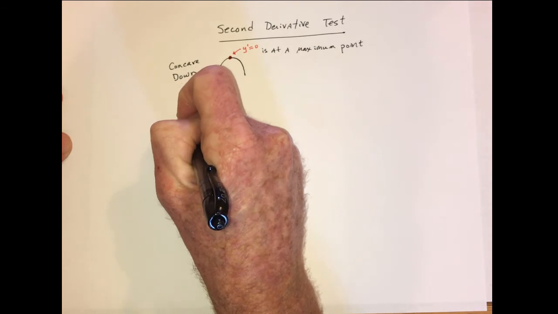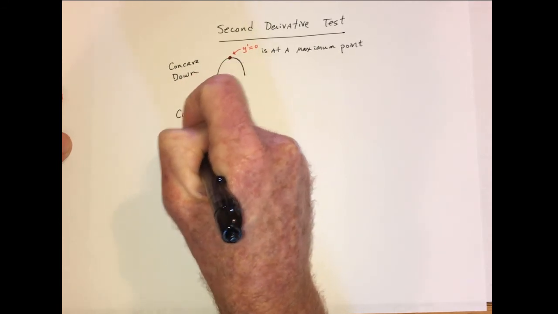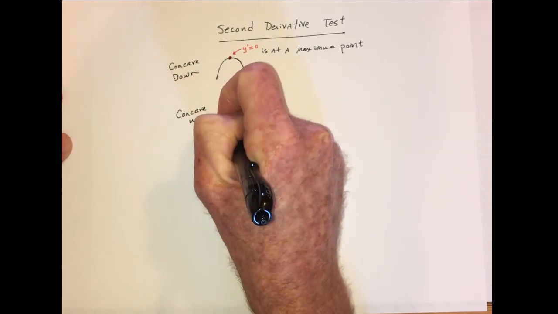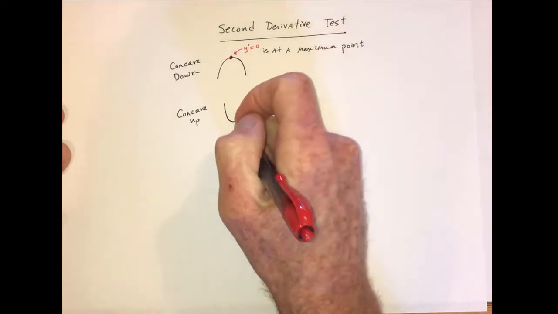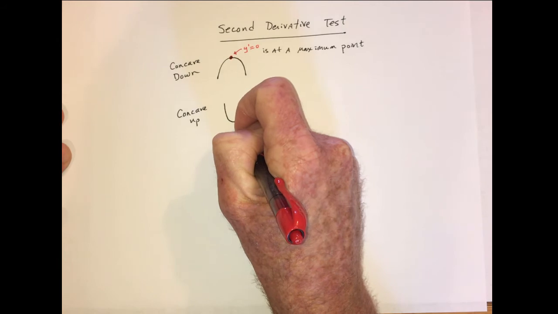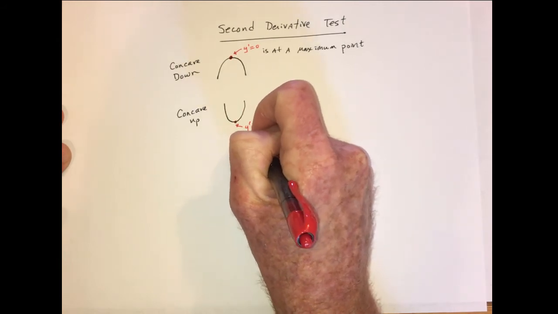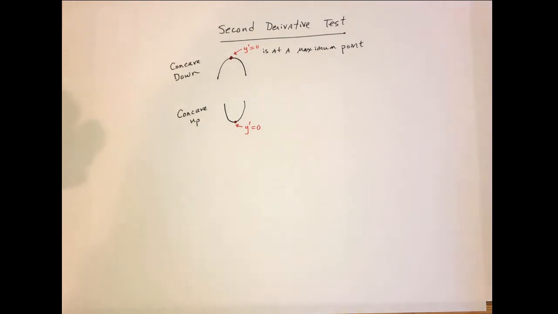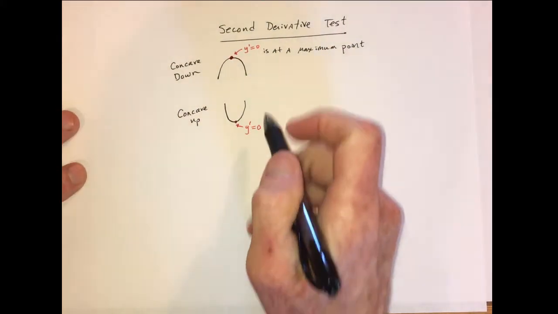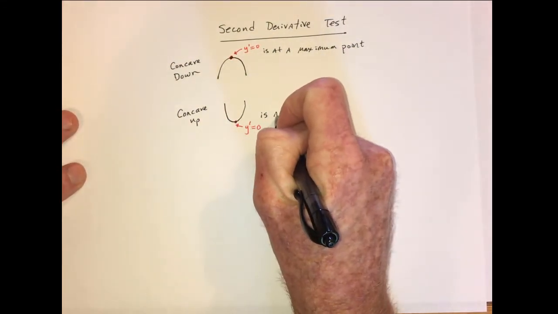Now, if it's concave up, so like this, and you found out that the derivative equals 0 right here, or it could be that the derivative does not exist, it might be a cusp, well, then that is at a minimum point.